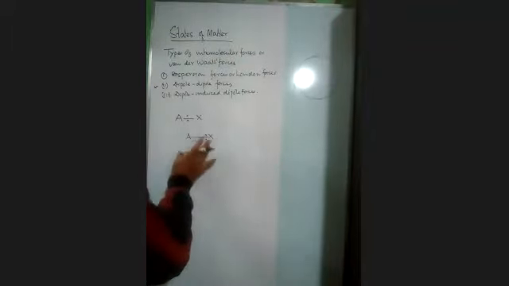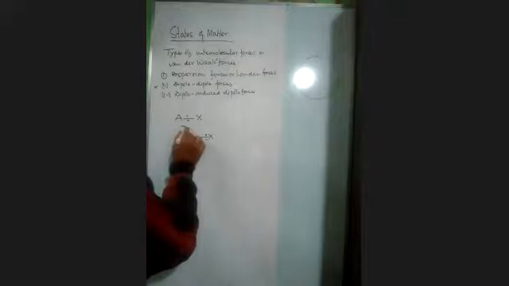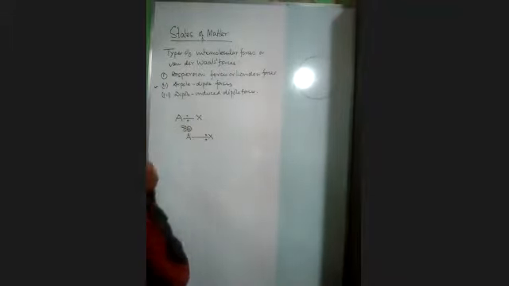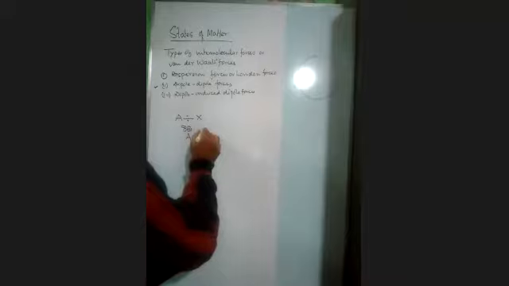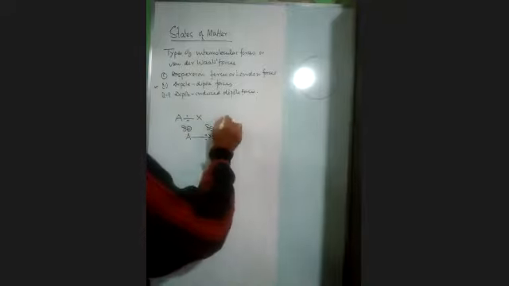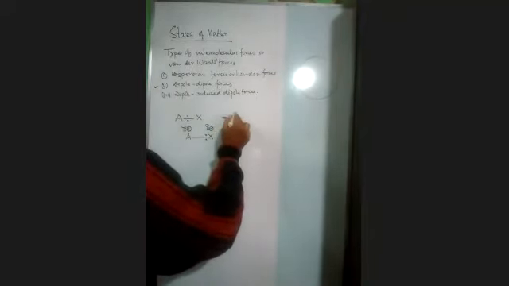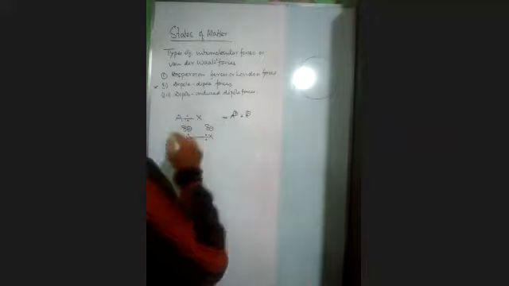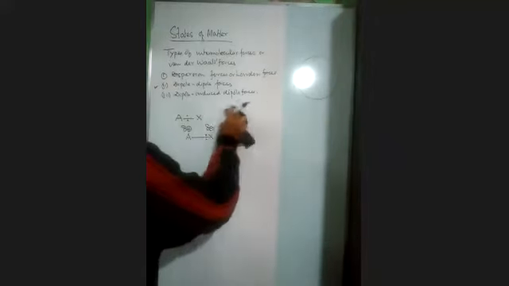So what should I write? Electron deficiency is always indicated by plus, and electron density is indicated by minus. Why did I write del plus and del minus? It did not break as A plus and X minus, which happens in salts. It did not break, but the bond is highly strained. So this type of molecules are called polar molecules, and they have a dipole moment.